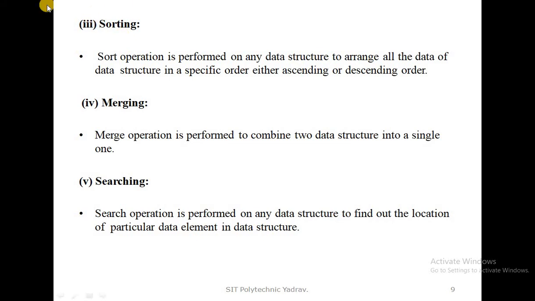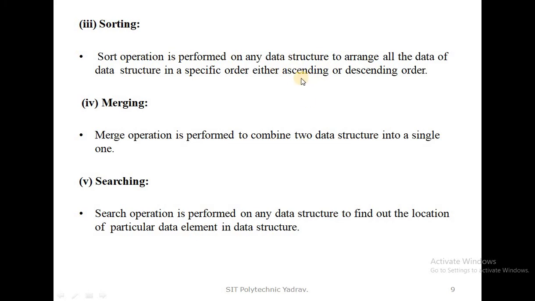Third, sorting. The sort operation is performed on any data structure to arrange all the data of the data structure in a specific order, either ascending or descending. You know what ascending and descending mean.